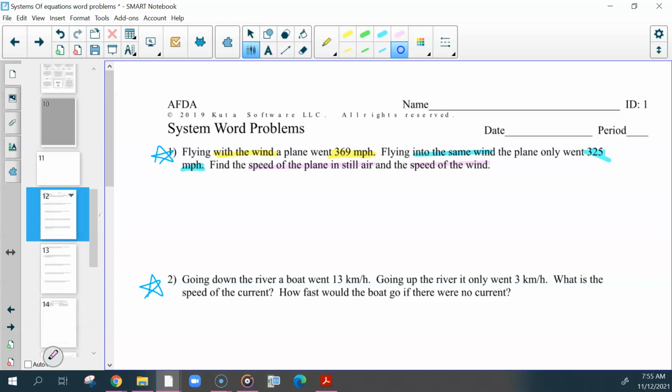Whatever it tells you to find when it does not give you variables are going to be your variables. So the two things we don't know are the speed of the plane and the wind speed. So that's what we're going to define our variables as. You can say P and W, X and Y. It does not matter what your variables are.